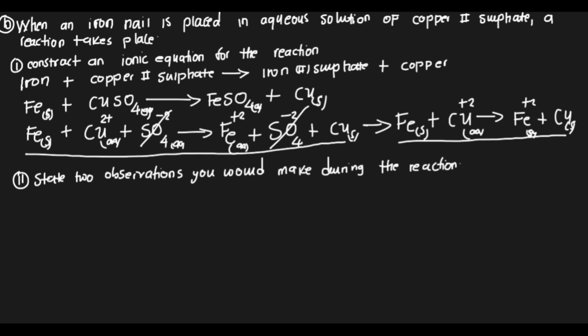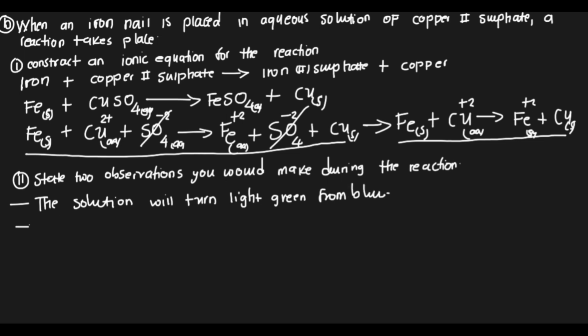Then let's look at stating two observations we would make during the reaction. The first observation: the solution would turn light green from blue. Then the second one: the iron nail would develop a reddish brown color.